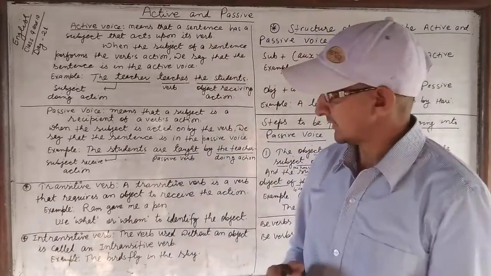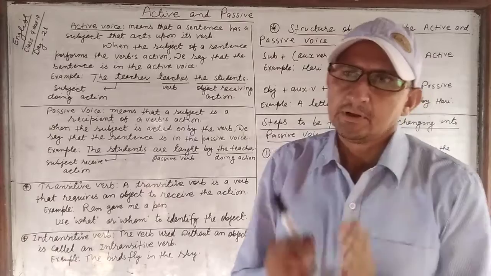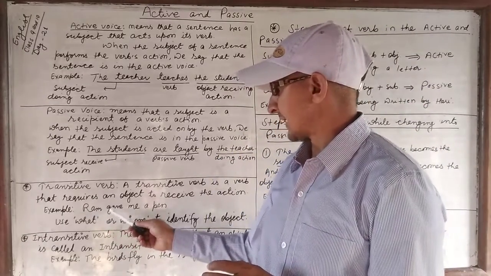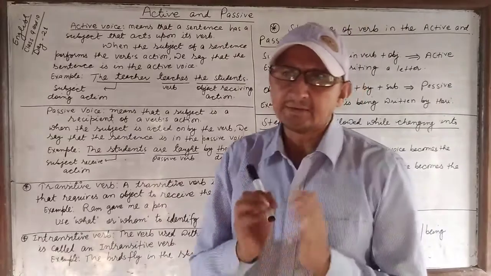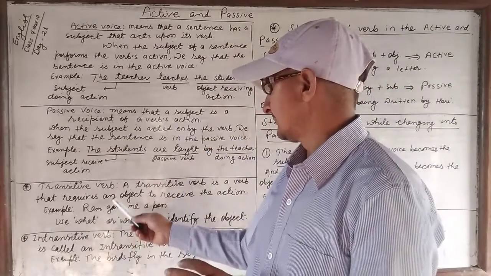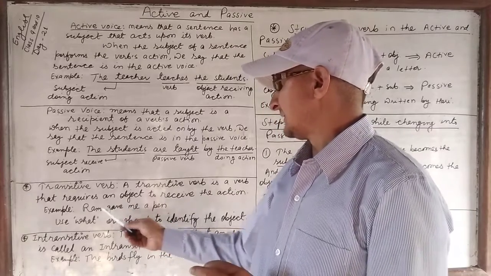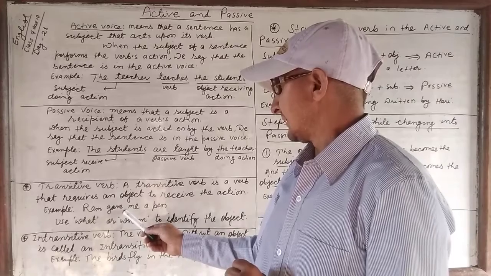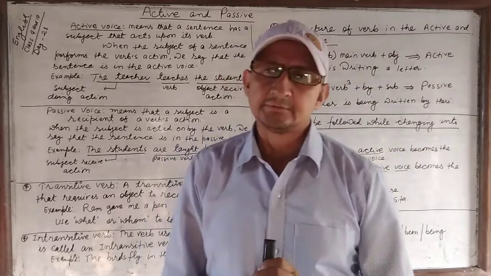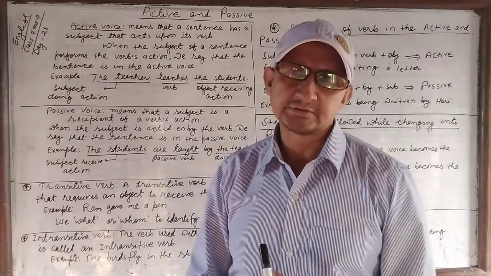If you question what does Ram give, the answer is a pen. What did Ram give? A pen is the answer. So a pen is a direct object.